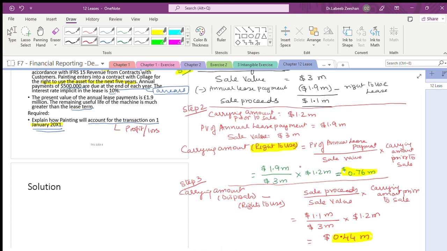We have the present value of lease payments. How much? 1.9. Lease payments is nothing but a liability.